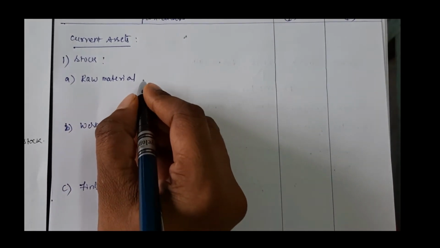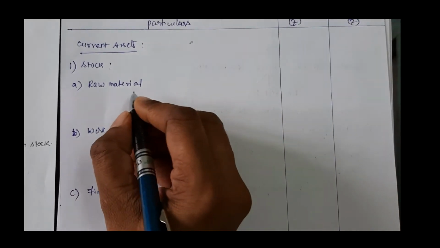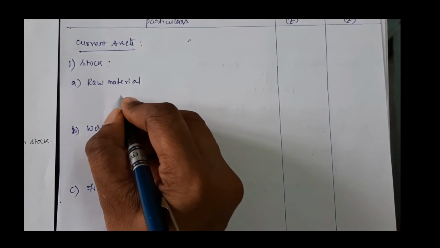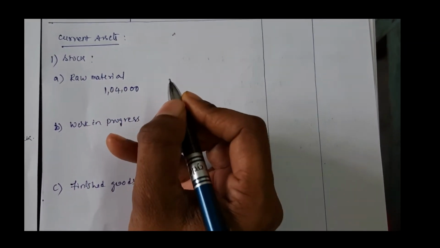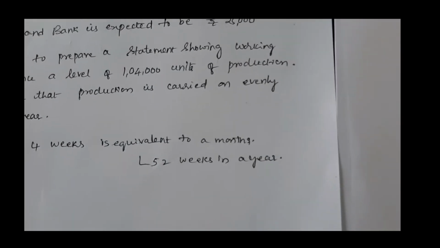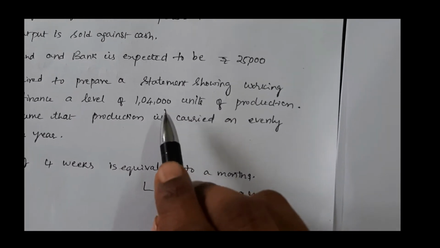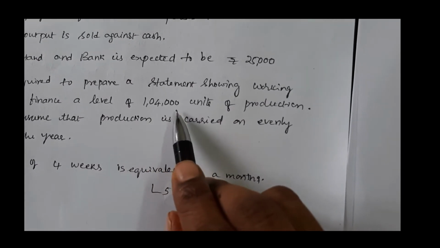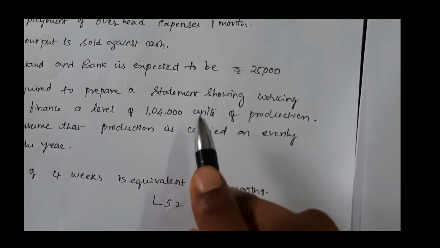So in case of value of raw material, the production has been given 1,04,000 units. So it is estimated to produce 1,04,000 units.